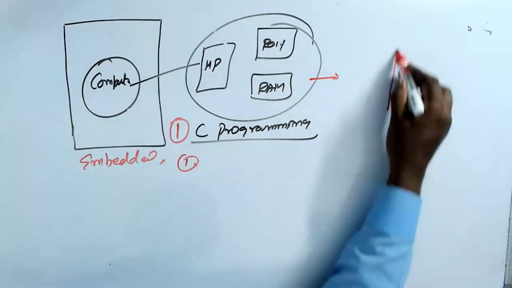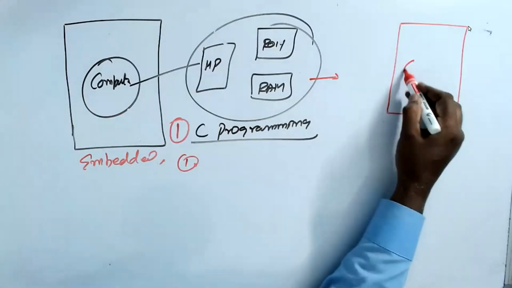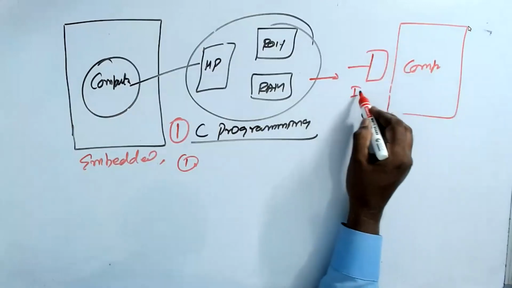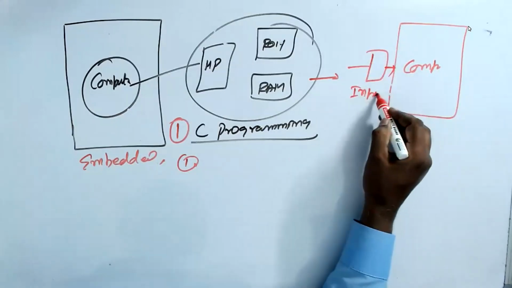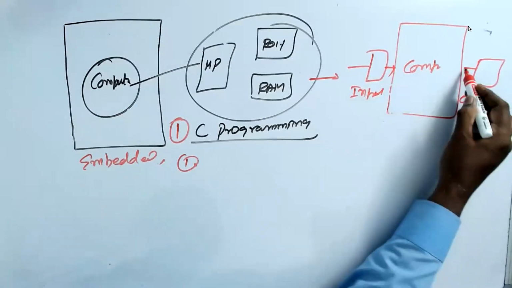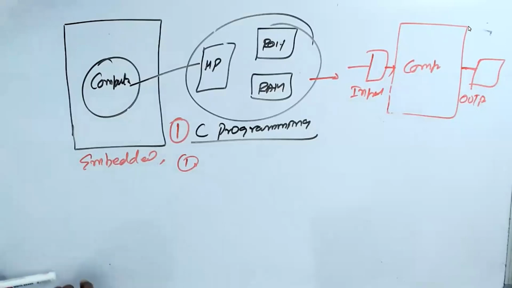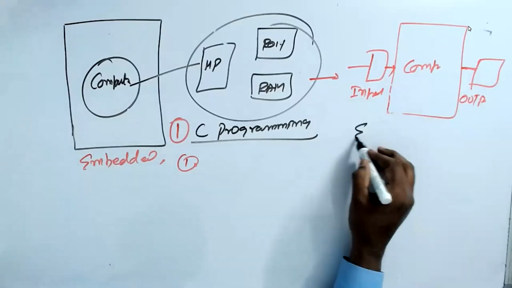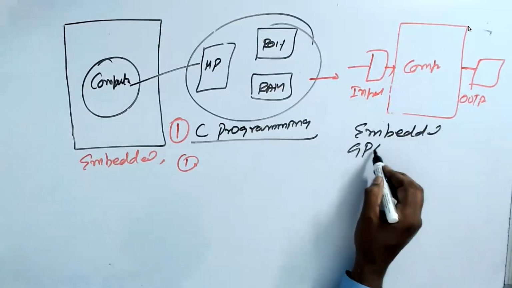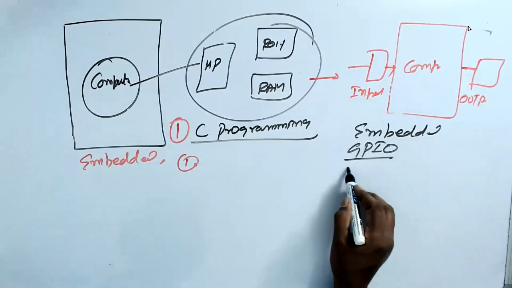Second stage: it's a computer, we have an input, we have an output. That is called embedded GPIO, general purpose GPIO programming.